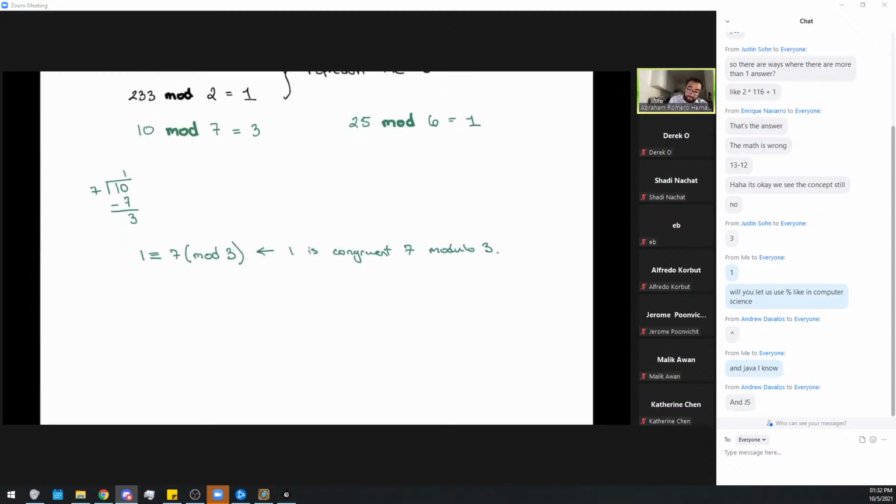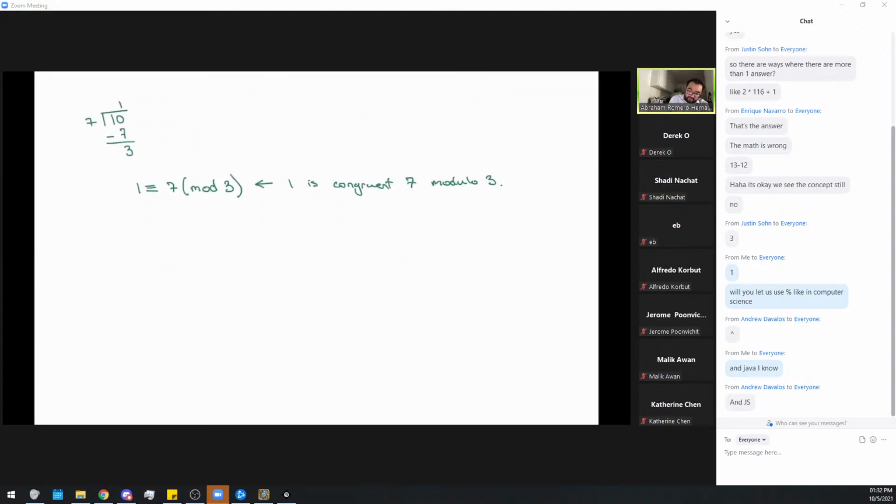Now, for example, 1 mod 3. Well, let me actually give you the definition so you see what I'm talking about. So, definition.